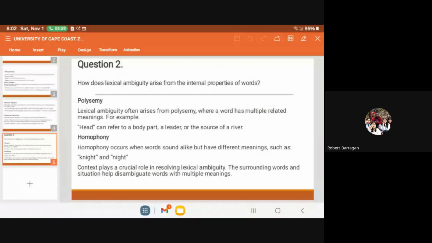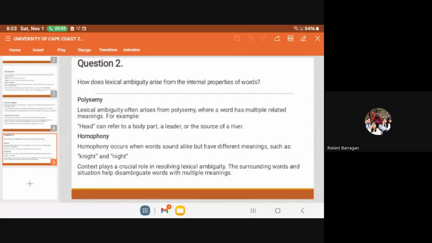Question 2 asked, how does lexical ambiguity arise from the internal properties of words? Now, with the internal properties of words, we are referring to the nature of a word. If the word is polysemous, it creates ambiguity if it is not used in the right context or situation.